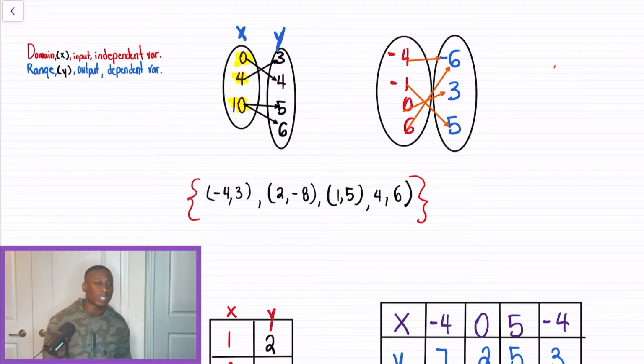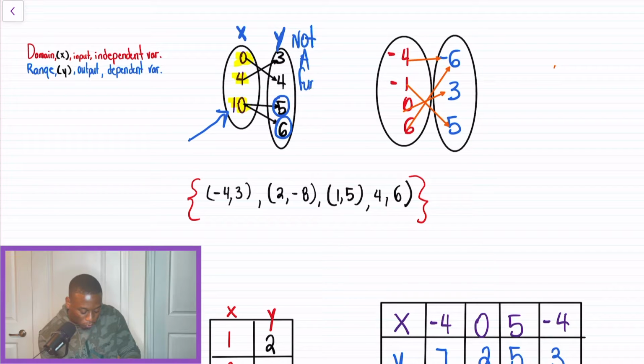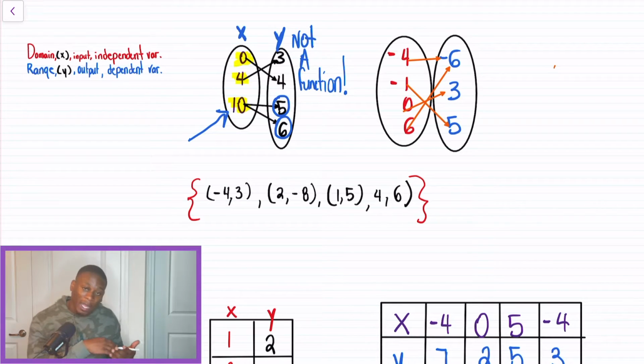And the answer is no. When we go down to 10, we notice that there's two outputs. So we would say that this is not a function. All right. So that's an example of what a function is not. That is not a function. 10 has more than one output, as I circled, which are 5 and 6.